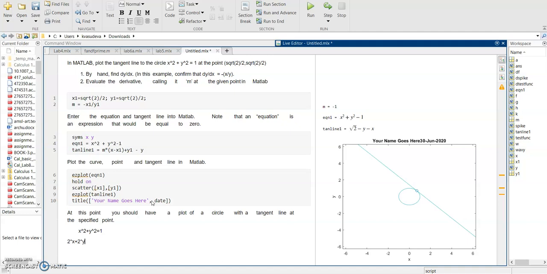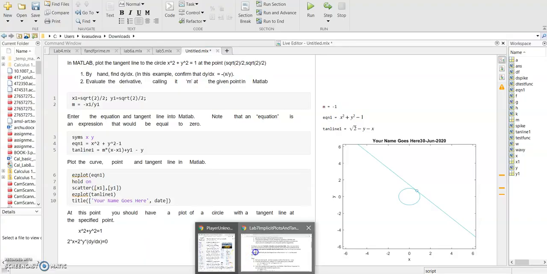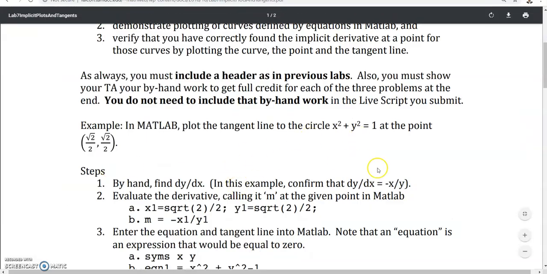Now when we have implicit derivatives, we must not forget that we are taking the derivative of y with respect to x. So it is dy over dx, which is equal to 0. Now rearrange this equation, and you will have dy over dx is equal to negative x over y.